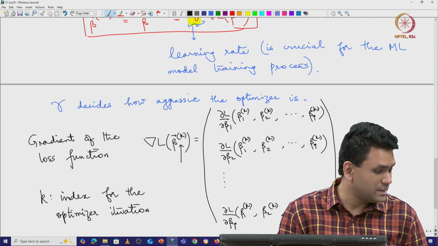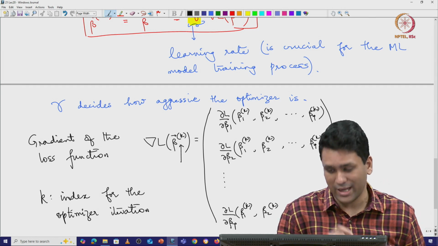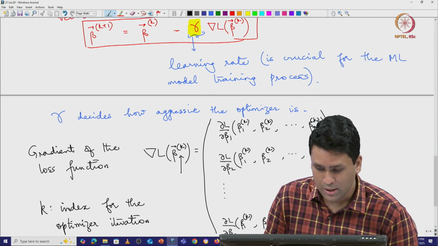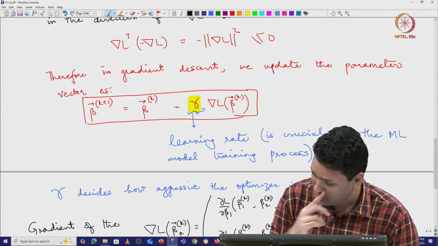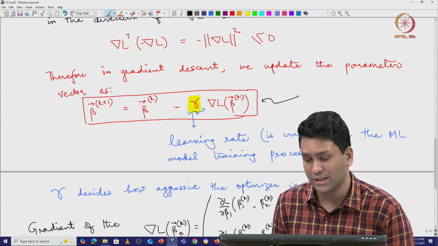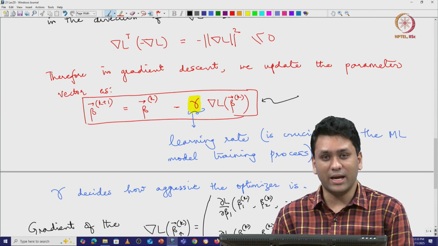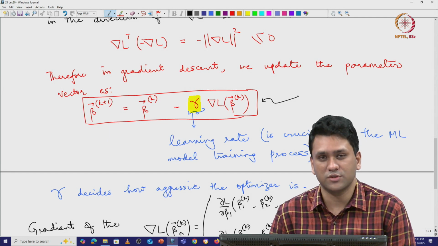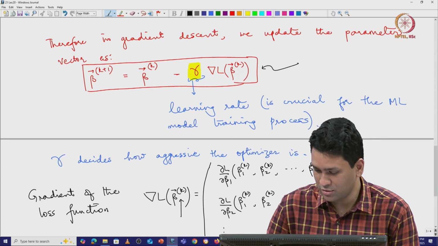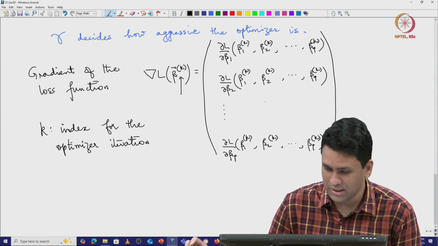Let us go ahead and look at what the Hessian is. Although in the gradient descent algorithm we do not include the Hessian term, the Hessian plays a very important role in deciding if we have really reached a local minimum or not in terms of how the loss function changes. So let us examine closely the Hessian.